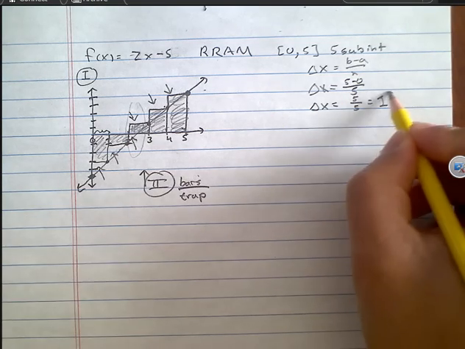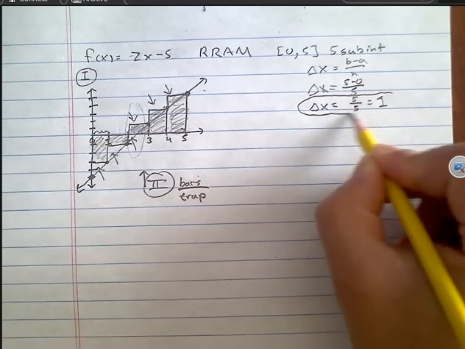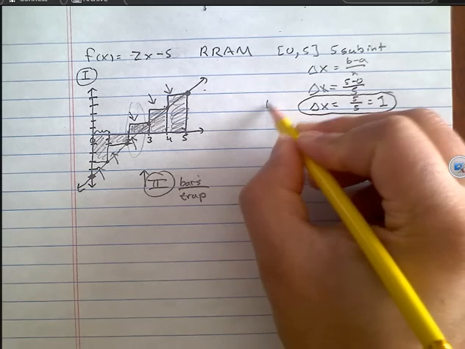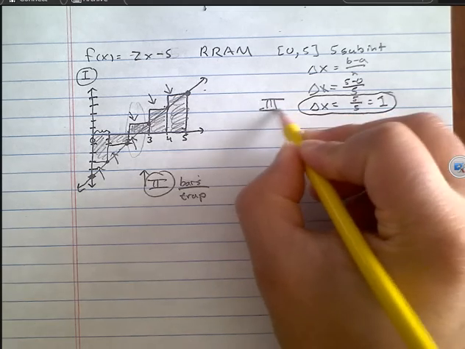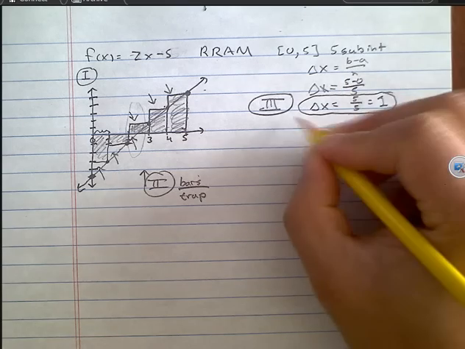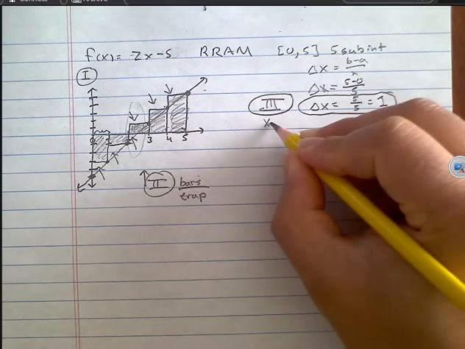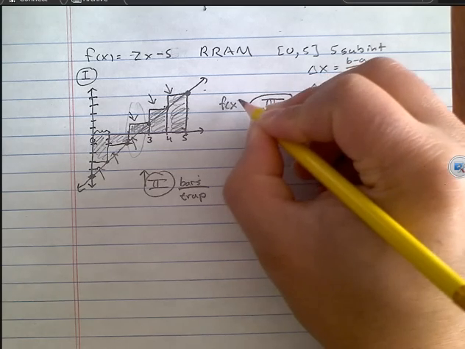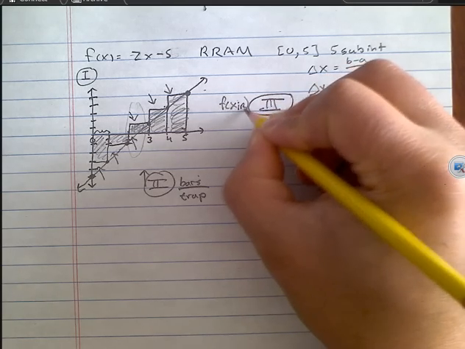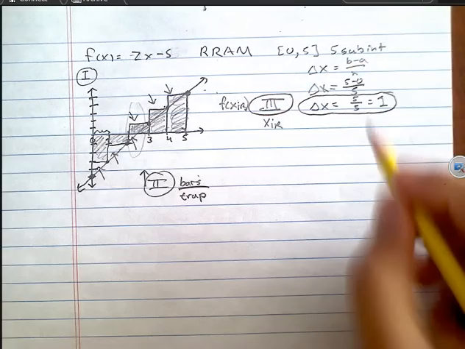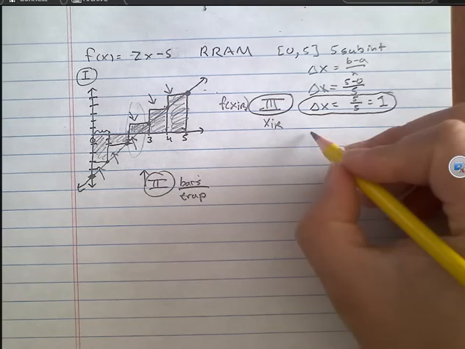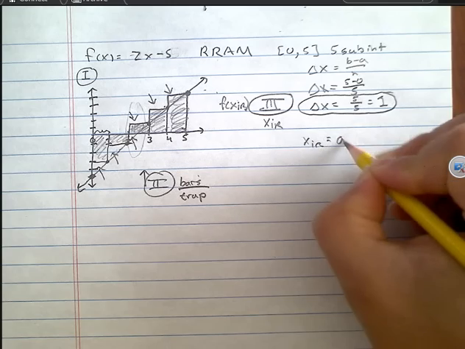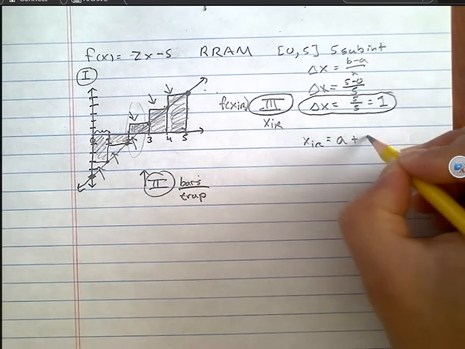So let's go ahead and start. We've got our delta x. Alright, so this is the third thing we're going to do. We're going to find delta x, x of i R, and f of x of i R. That's the third thing we've got to do right here. Alright, so delta x. Now we find x of i R, and that's equal to a plus delta x times i.